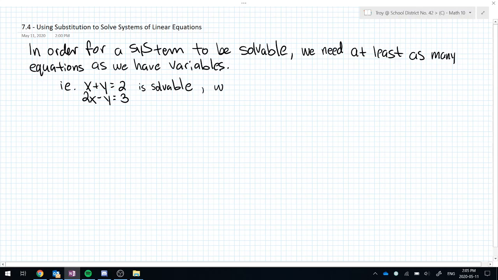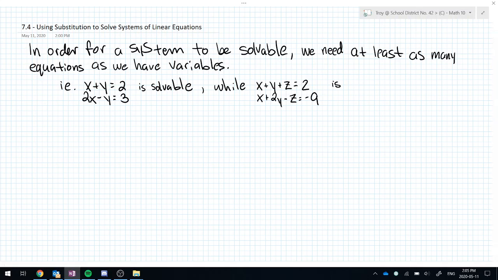While something like this system, let's say x plus y plus z equals 2 and x plus 2y minus z equals -9, this one has two equations, but it has three variables. It has x, y, and z.